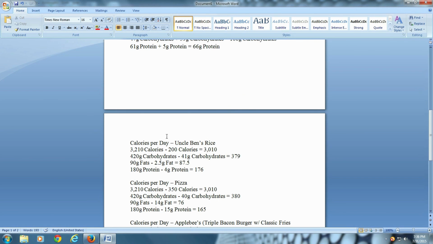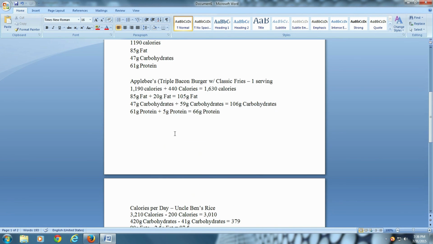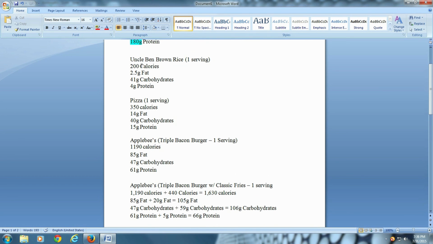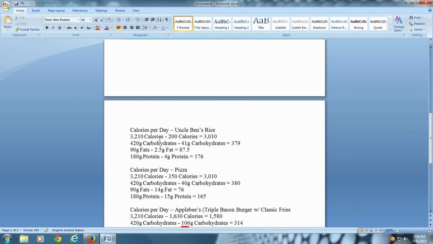Now let's go down here and take a look. With my 3,210 calories a day, 420 grams of carbs, 90 grams of fat, and 180 grams of protein, let's say I have 1 serving of Uncle Ben's: 200 calories, 2.5 fat, 41 grams of carbs, 4 protein. I would subtract that. Take 200 calories away, that leaves me with 3,010 calories.